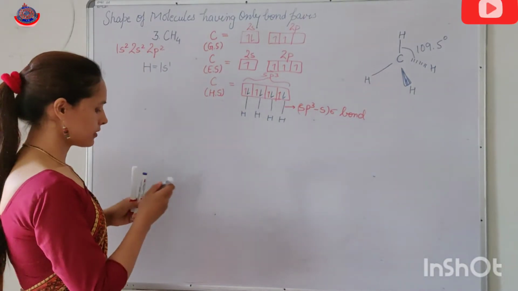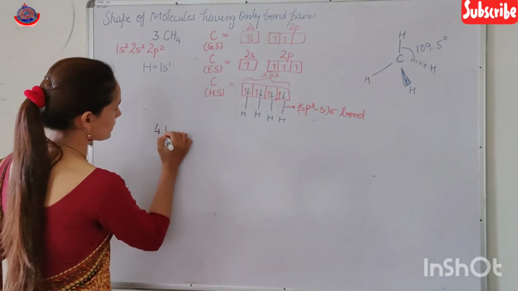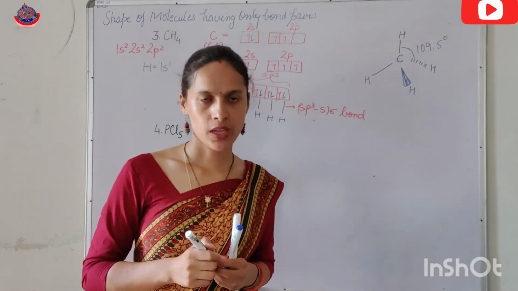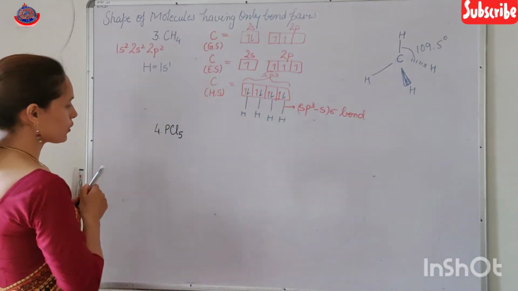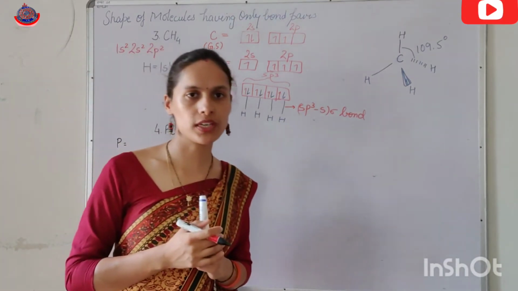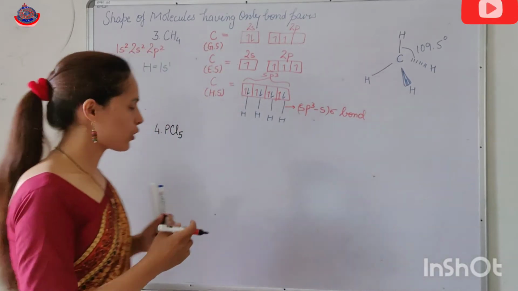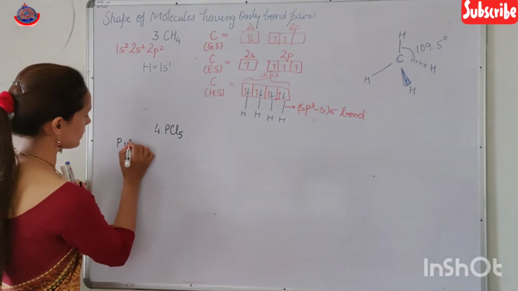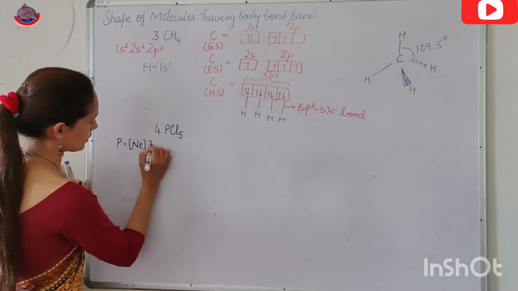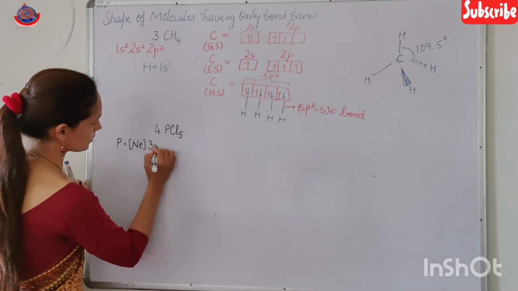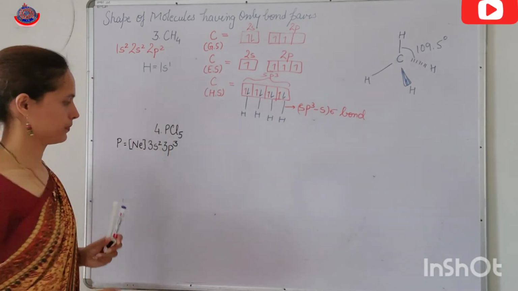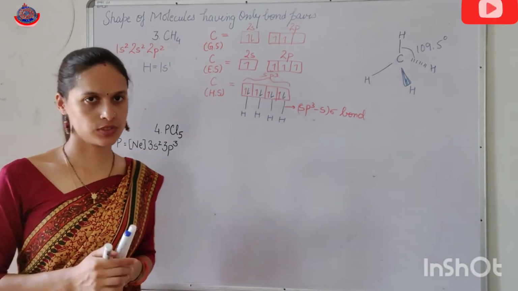Now, fourth is PCl5. If I write the electronic configuration of phosphorus, it is neon 3s2 3p3.